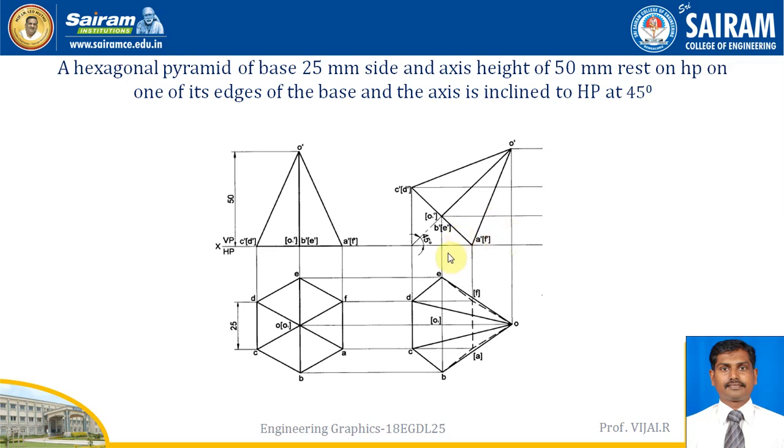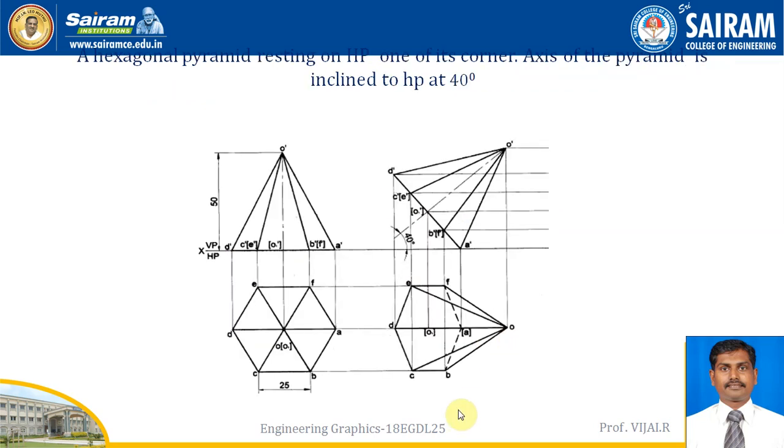So this angle and this angle opposite to the axis should make 90 degrees, since a triangle has 180 degrees. So 45 plus 45 has to come. Don't take this as 45, and you will get the entire top view. And here for the hexagonal pyramid tilting on a corner, you will get this one, the edges, hidden edges, and all the things.